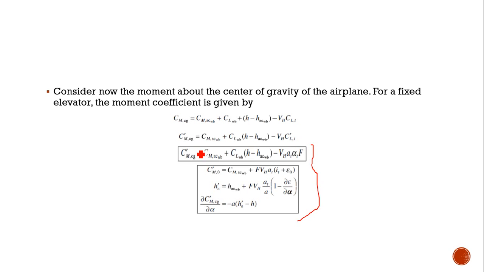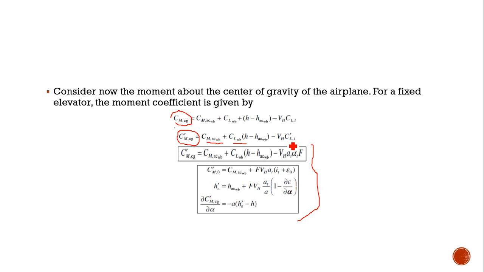Here this is the formula for moment about the center of gravity: CMCG equal to CMACWB plus CLWB into (h minus hACWB) minus VH into CL of T. That is for a dash, we represent it for a free condition. Without the dash means it is for stick fixed condition.